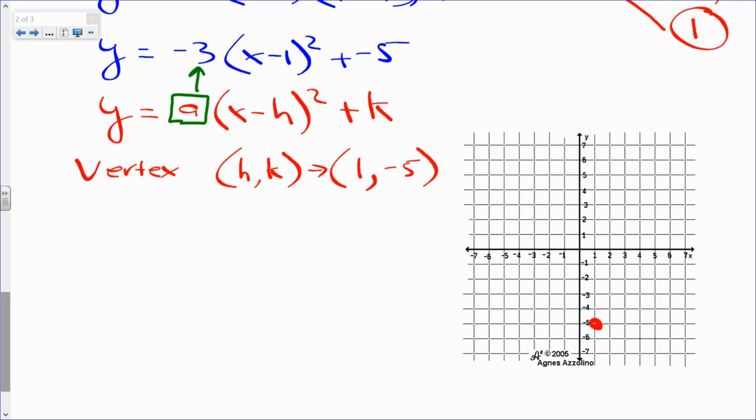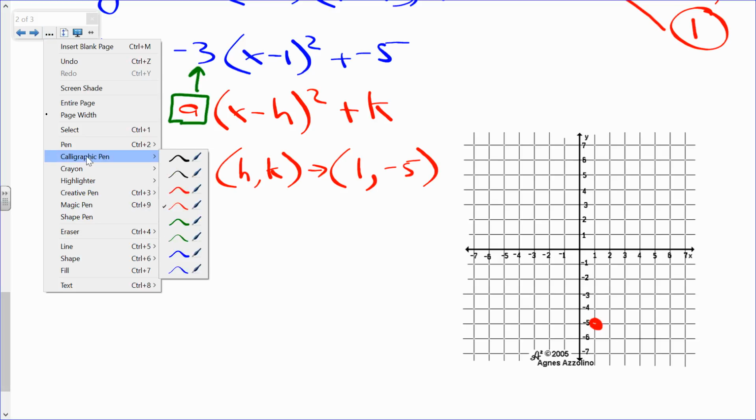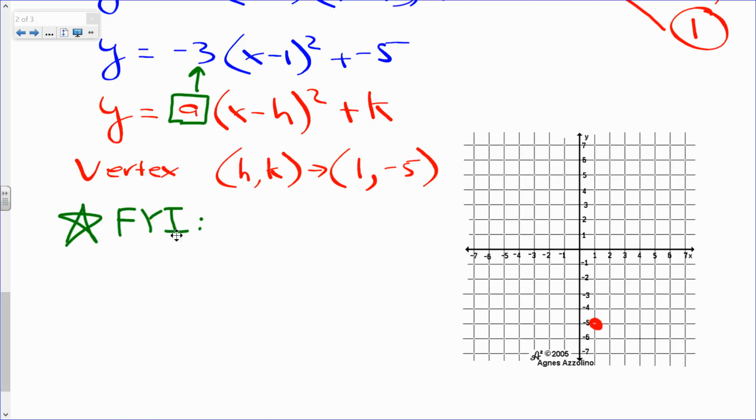So on your note paper, all this work you're doing, the graph you're just designating for the graphs. Right now on your notes, put a little star, put FYI. If A is positive, I'll put plus for positive.